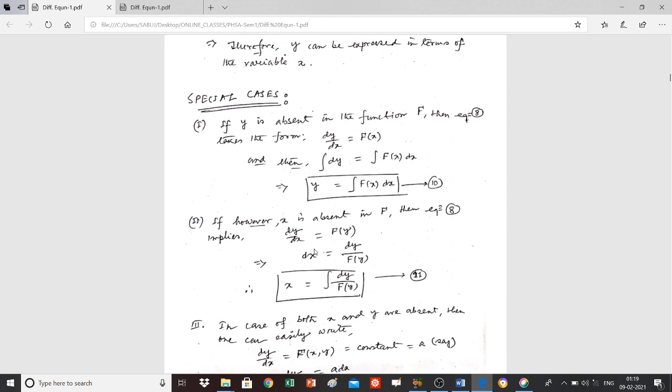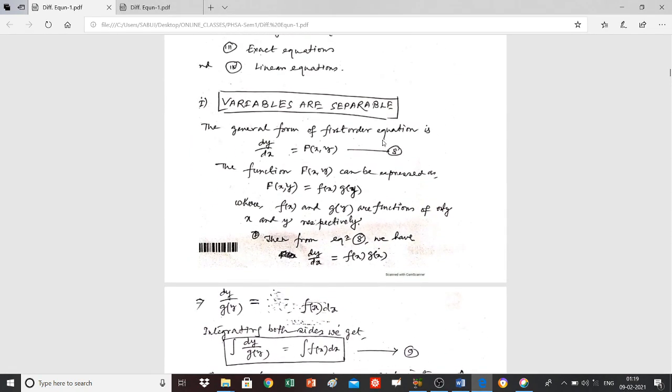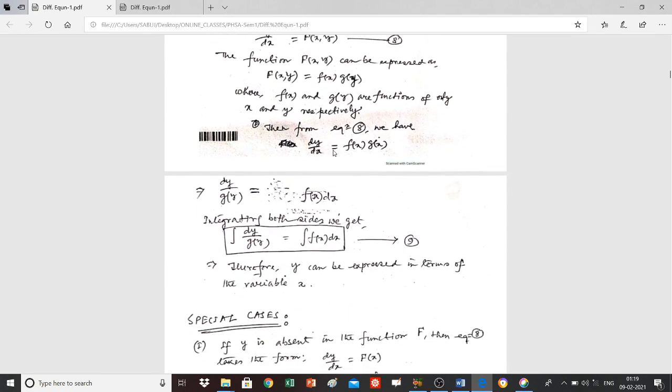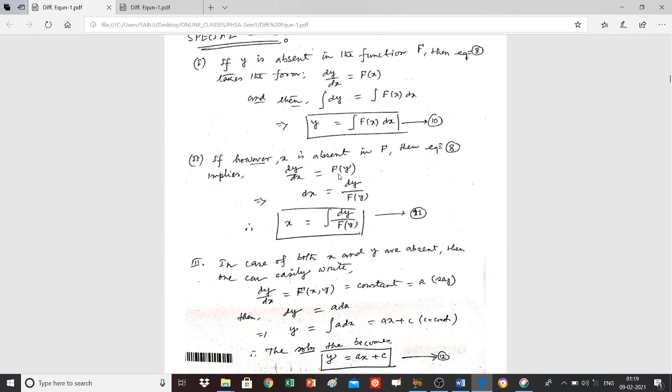And next one is, if in this function f(x,y) x is absent, in that case dy/dx should be only a function of y, that is f(y). So that is written here: dy/dx is equal to f(y).